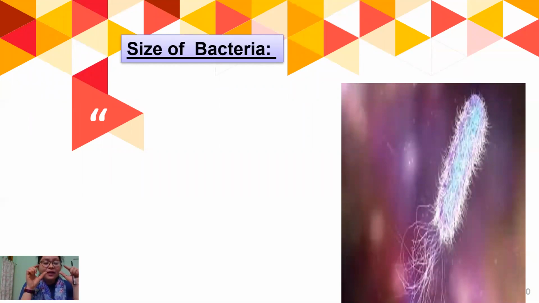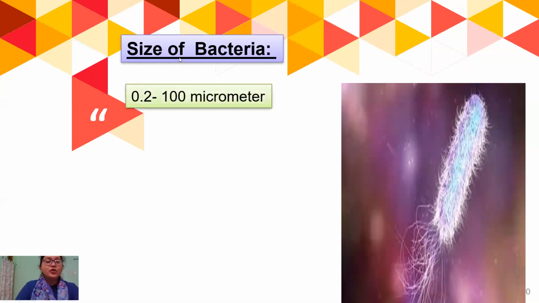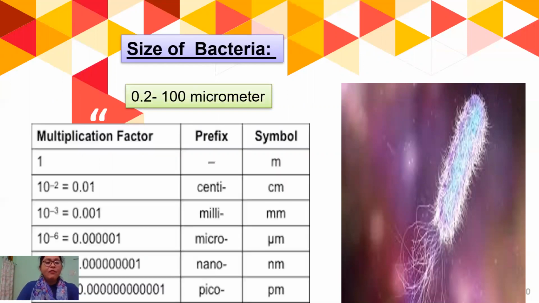So what is the size range of a typical bacterial cell? It is 0.2 to 100 micrometer. If we want to know the correlation between the micrometer and the meter, have a look at this table. Here the different units are present.